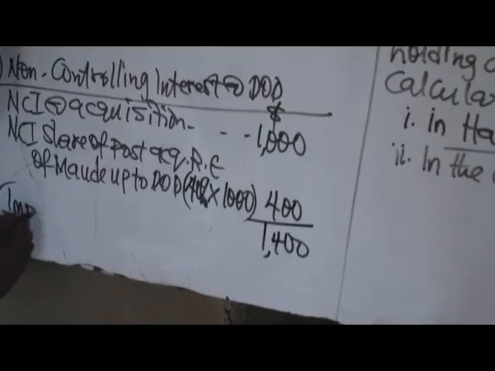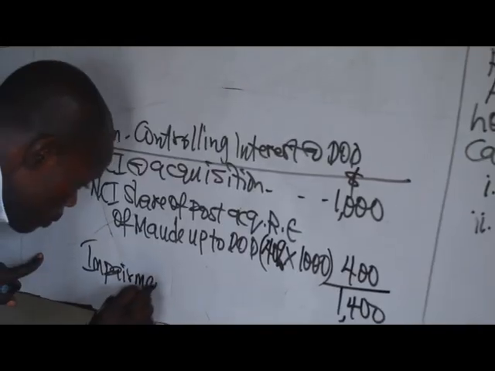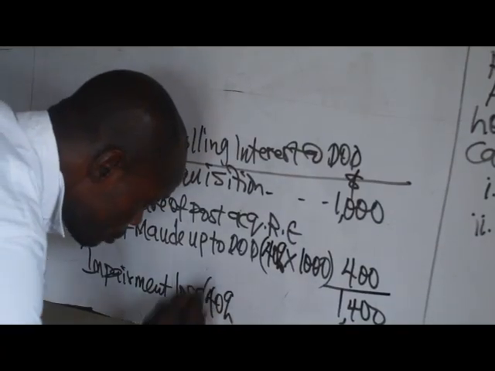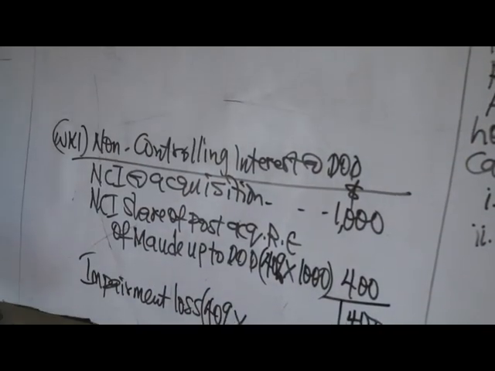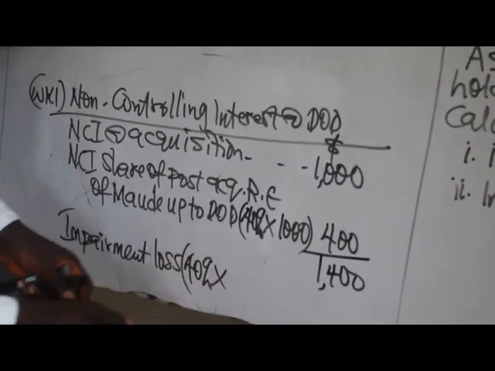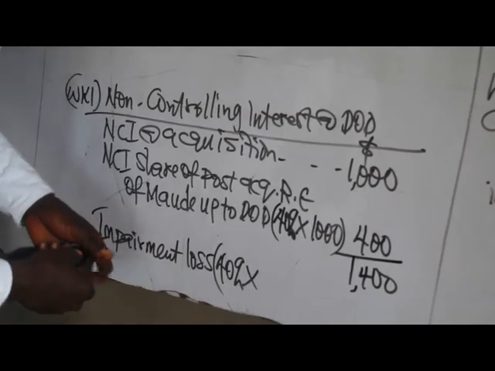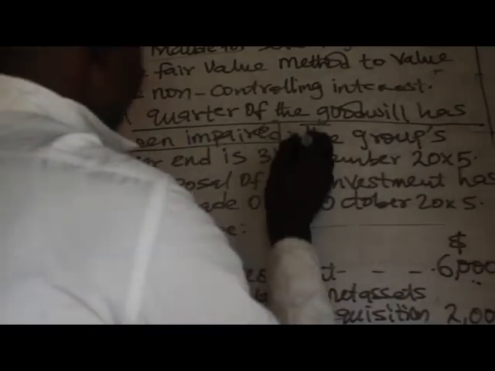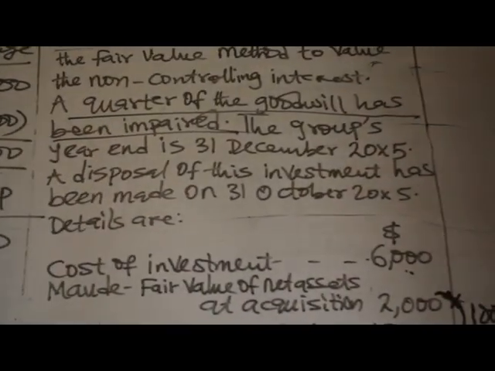So we have impairment loss, NCI share of it, 40%. Before you can get this impairment loss, you must have known the goodwill on acquisition, so as to know the amount of impairment loss to charge. Since you have been told that a quarter of goodwill has been impaired, now let's calculate the goodwill.